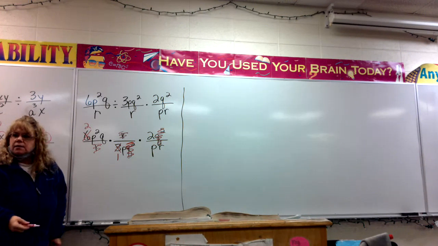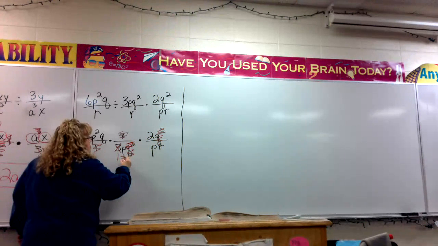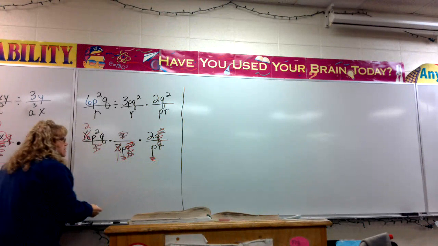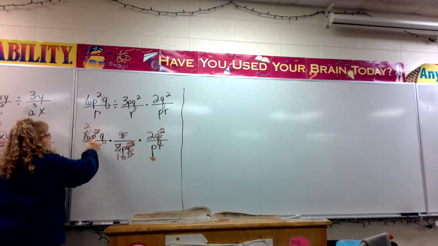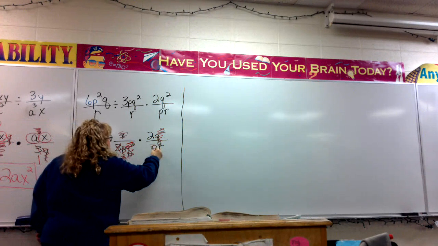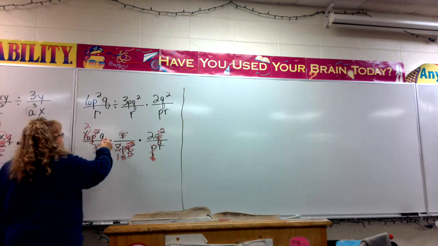Which p? Right, good. I have one p here on the bottom and another p here on the bottom. Isn't that p squared? Yep. And I have a p squared right here. That goes away with both of those. Anything else? Now, when you're going to write your answer, a lot of times people miss stuff.